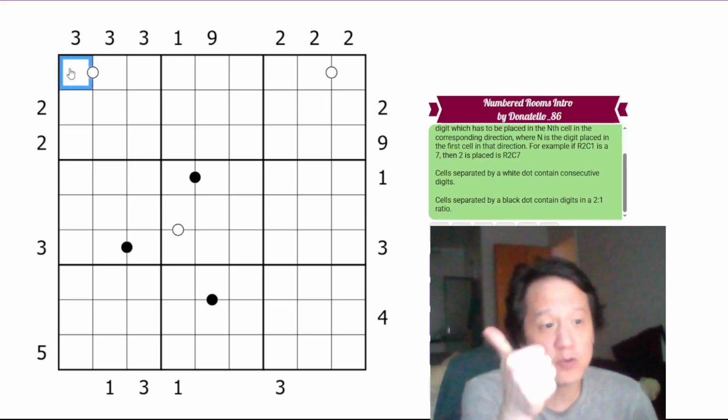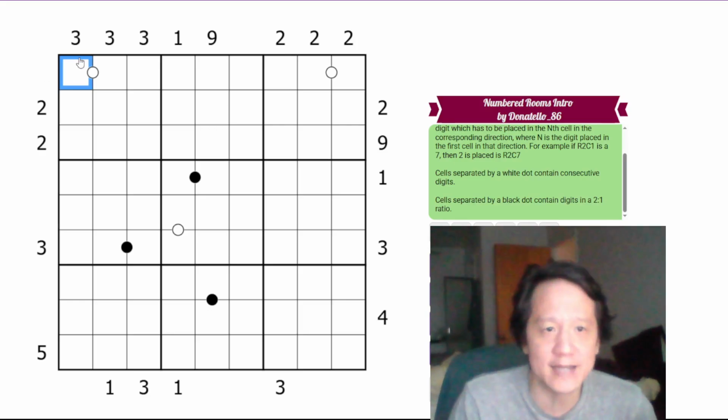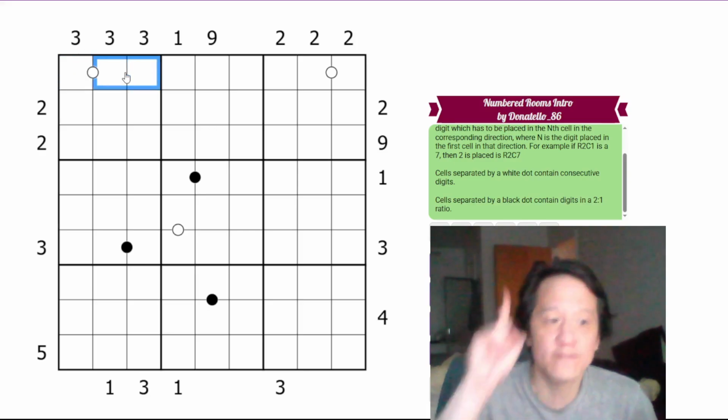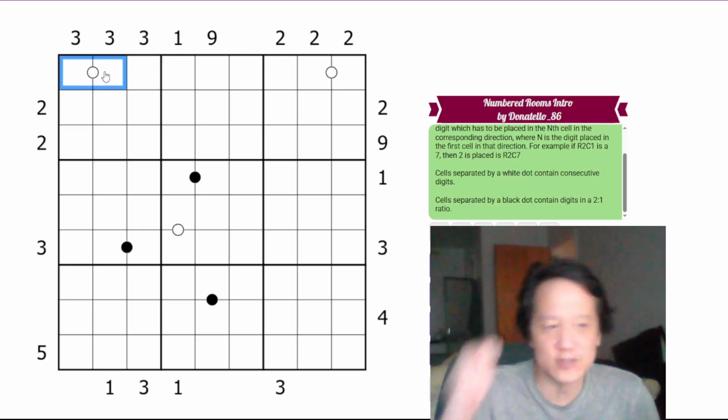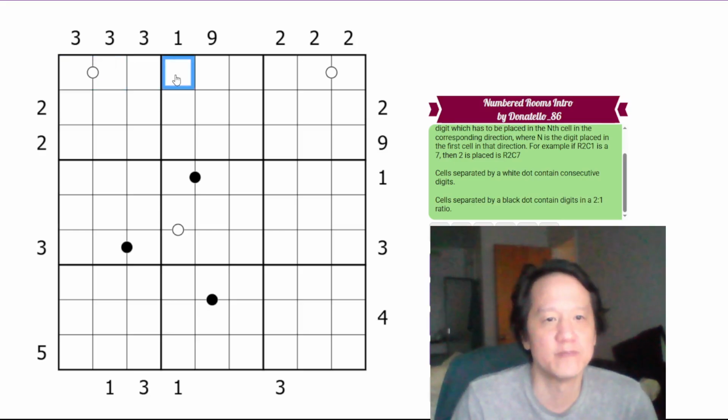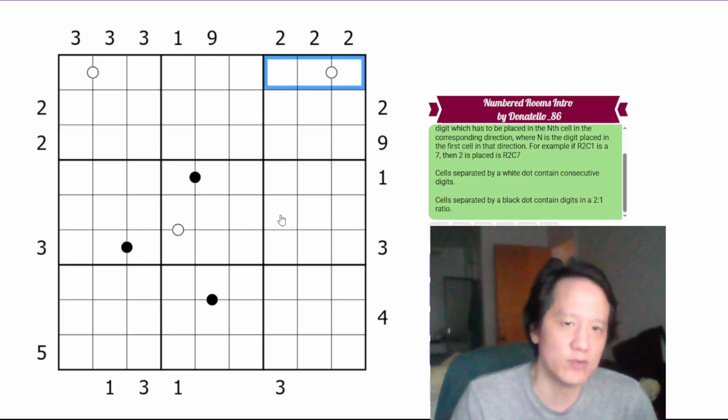Because if the digit is a 1, it's saying that whatever digit is outside the grid must have that digit in the first spot. But obviously, if it's 1 already, it can't be that other digit unless it is 1 specifically. So none of these can be 1, this can't be 1, and these can't be 1, right?